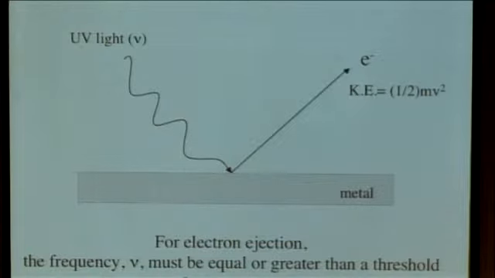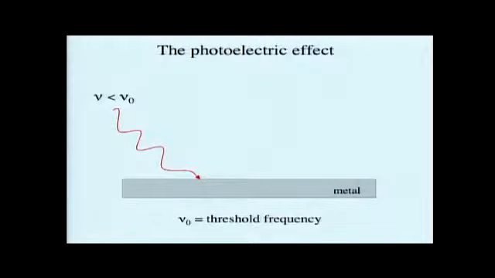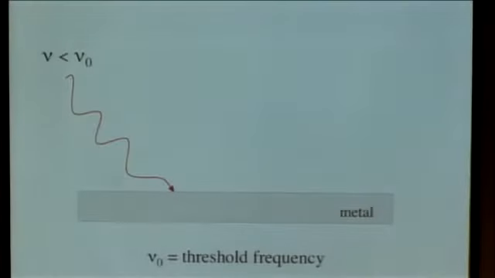So this is an interesting observation, and in itself not too disturbing yet, but the important thing to point out is that there's this threshold frequency of the metal, and each metal has a different threshold frequency, such that if you shine light on the metal where the frequency of the light is less than the threshold frequency, nothing will happen. No electron will pop off of that metal.